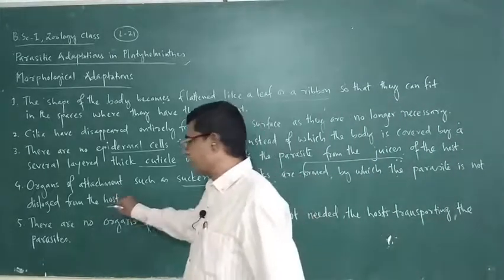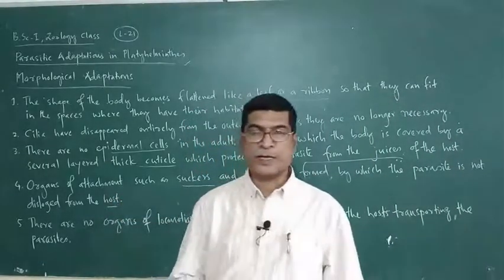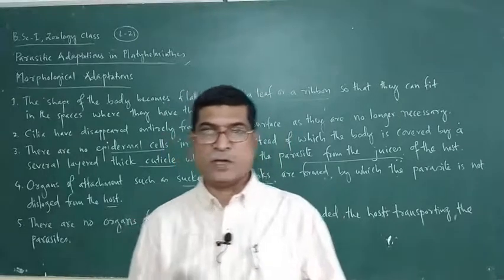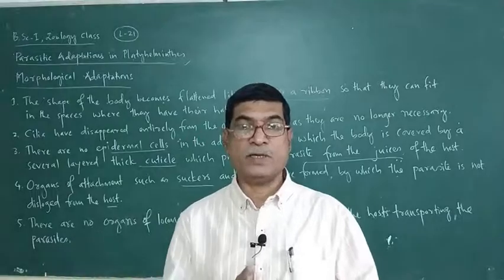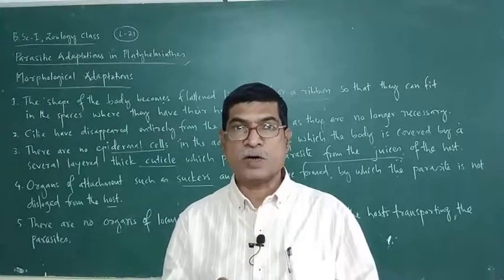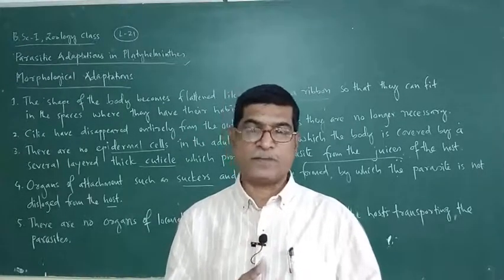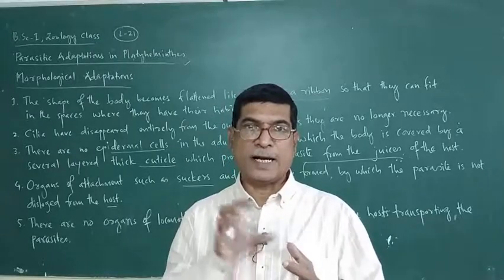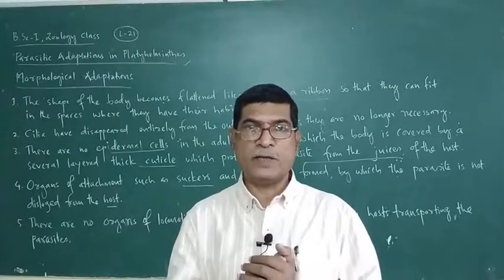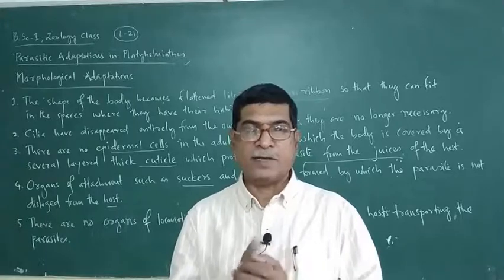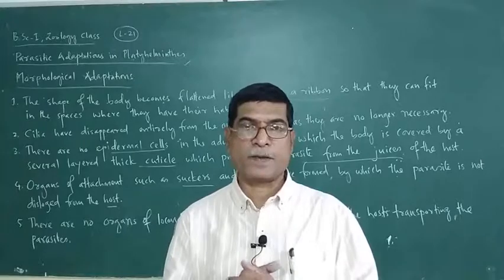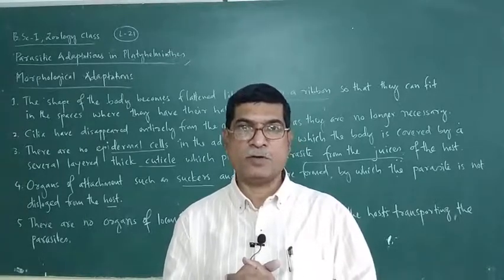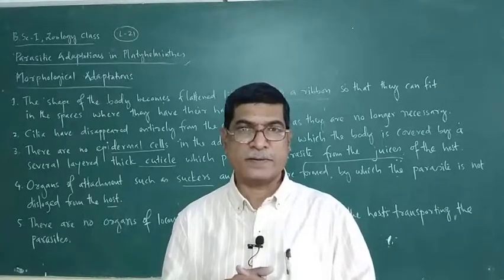Next, organs of attachment such as suckers and hooks are formed by which the parasite is not dislodged from the host. The parasite has to be lodged or accommodated inside the host body. In order to attach to the wall of host body, they are having hooks and suckers. In case of liver fluke, suckers are there.